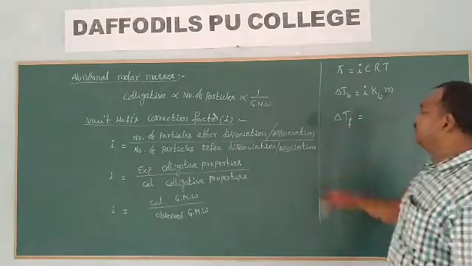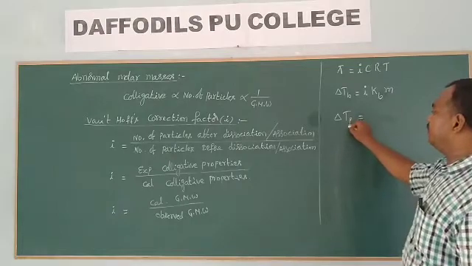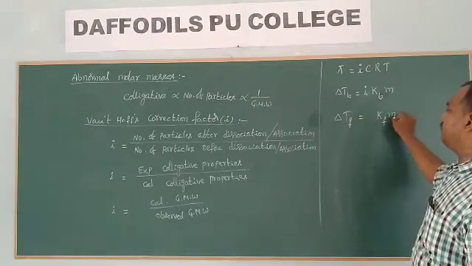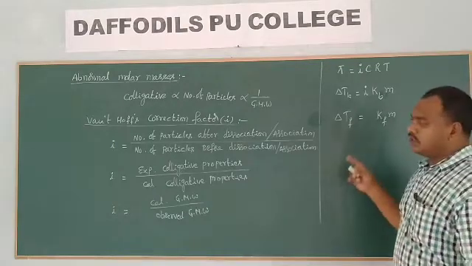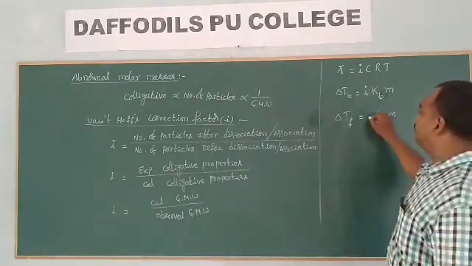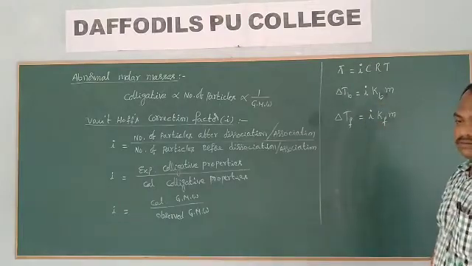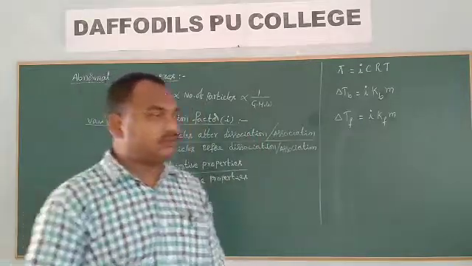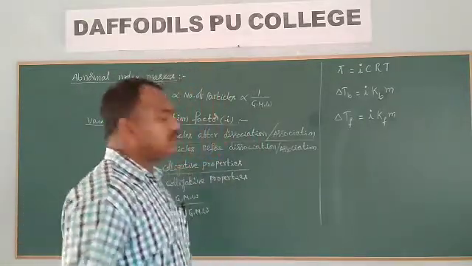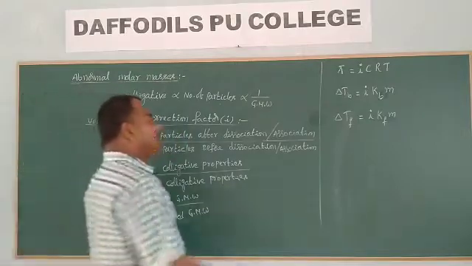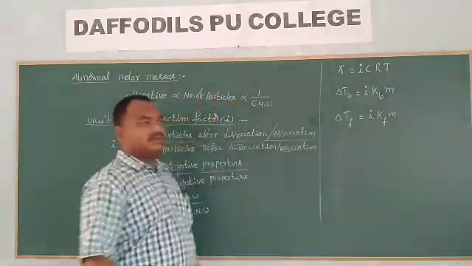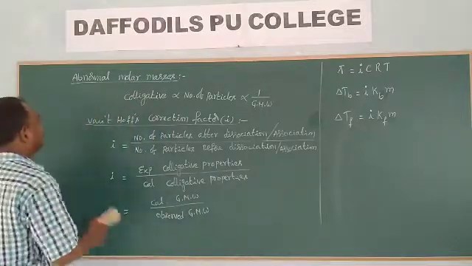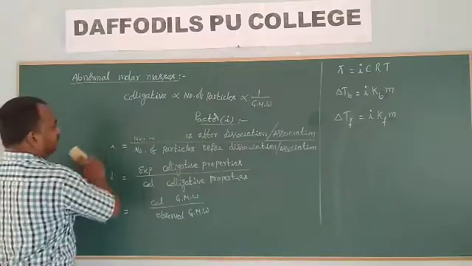Now come to the depression in freezing point. What is the formula? We know that this is Kf into m. If molecular association or dissociation is taking place, you have to introduce the i factor also. Like that, by the introduction of the i factor into colligative properties formulas, we get the correct molar weights. So this is about the i factor.